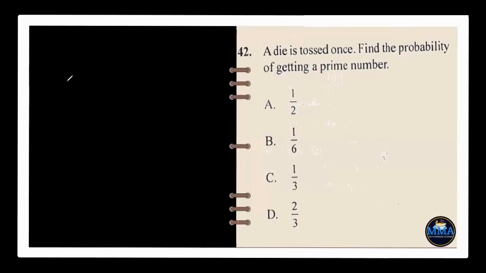Question 42. A die is tossed once. Find the probability of getting a prime number. So now, on the face of the die are numbers 1 to 6. So these are the numbers that we have: 1, 2, 3, 4, 5, 6.